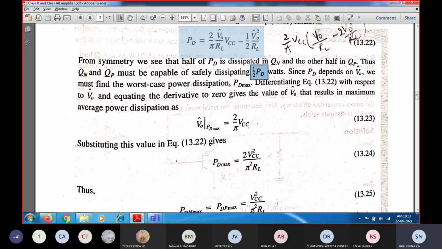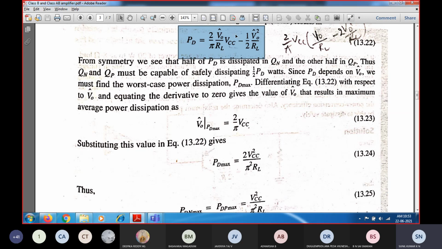Both the NPN and PNP are going to dissipate half. Now we need to find the worst case power dissipation.